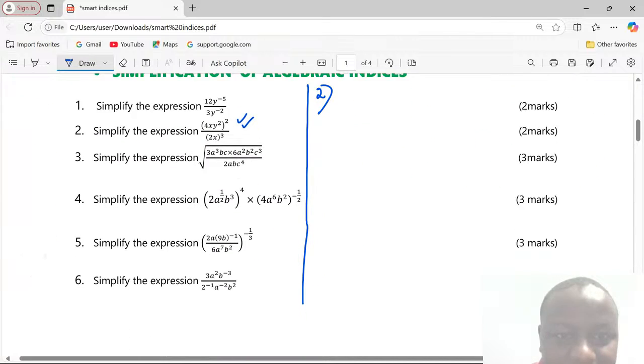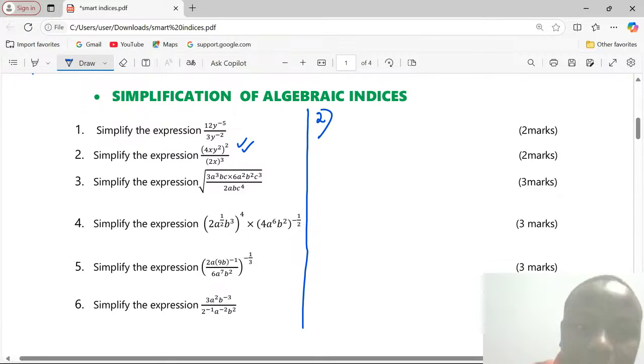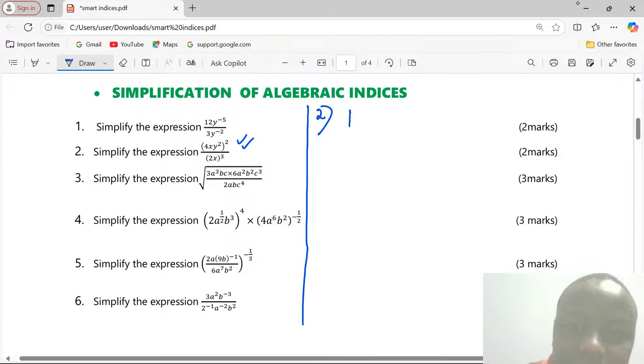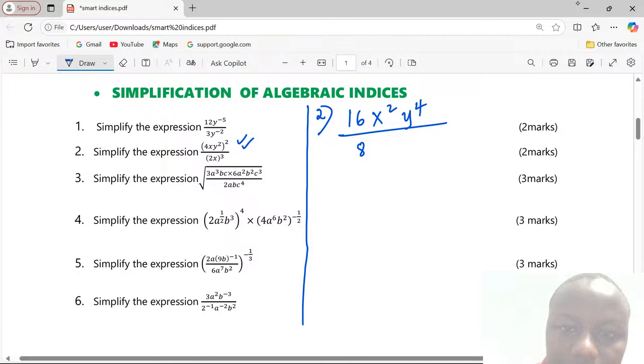So in this case, we square everything first. 4 squared becomes 16, x squared, then y becomes power 4 because it is already power 2, divided by 2 power 3, which becomes 8, and x, which is to power 1, now becomes power 3.